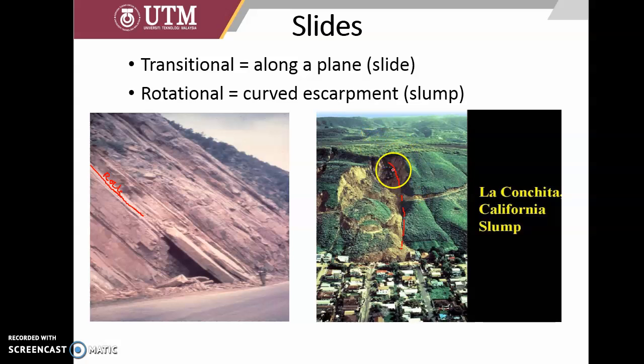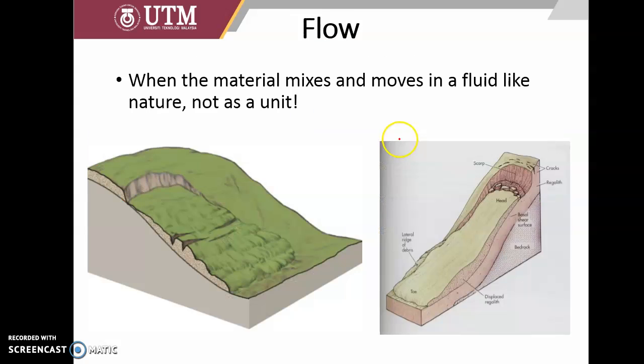And in 2005, it occurred about a day after the heavy rainfall. So it induced a rotational slump. And a flow is when the material mixes and moves like a fluid. So like water, but not as a unit. Sometimes we don't realize about this one until it moves with a lot of weight.